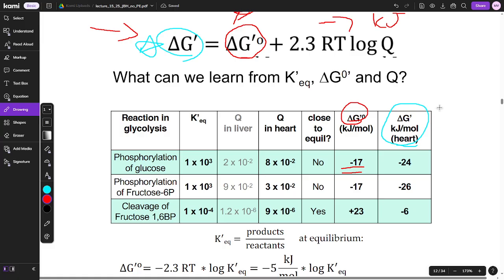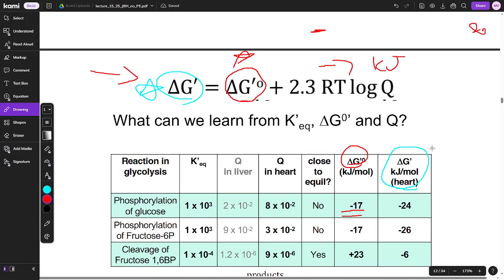So if we look at this, -17, -24, it's clearly more spontaneous and more likely to occur with the concentrations given. So what's probably happening is that we're providing a lot more reactants for this reaction, and because we're giving so much reactant, this reaction is being forced to go even more.